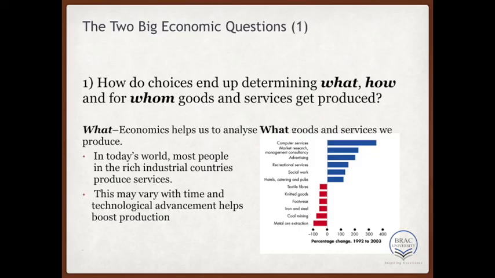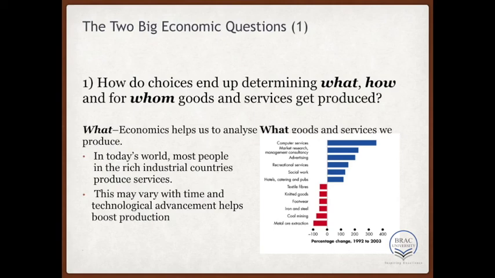Or should we produce more food or more retail services? I mean, how do these choices change over time? And how are they affected by the ongoing changes in technology that make an even wider array of goods and services available to us? So what economics helps us to analyze is basically what goods and services we should produce.